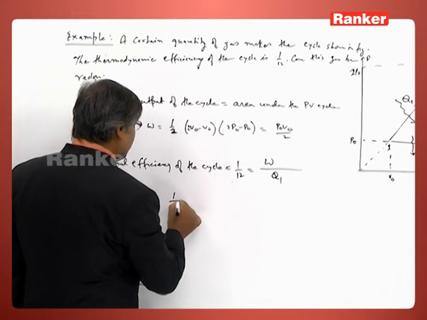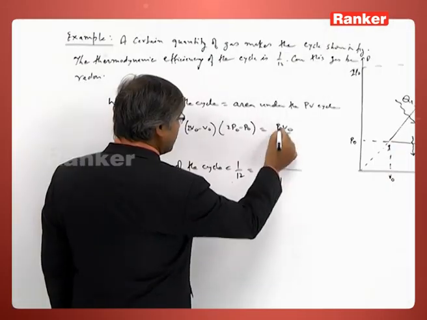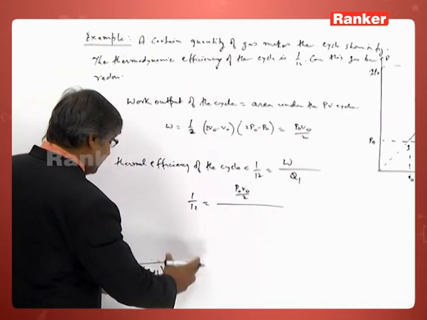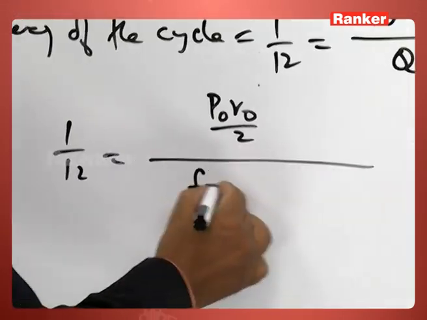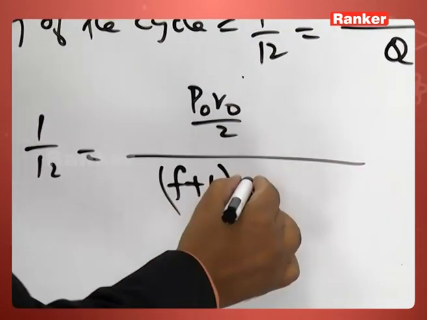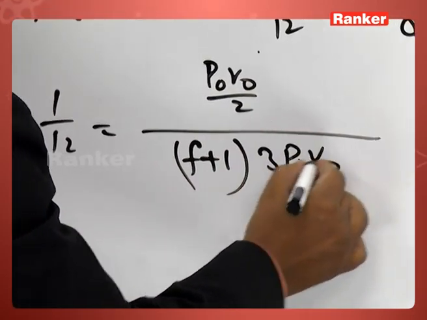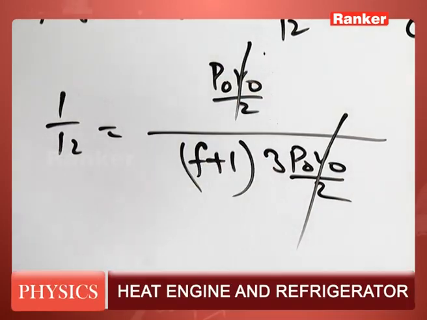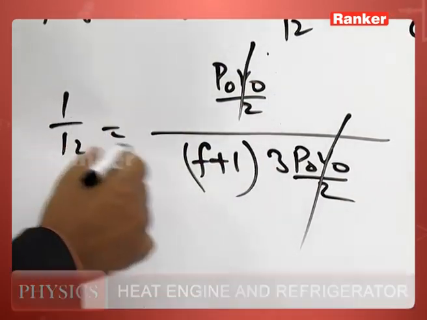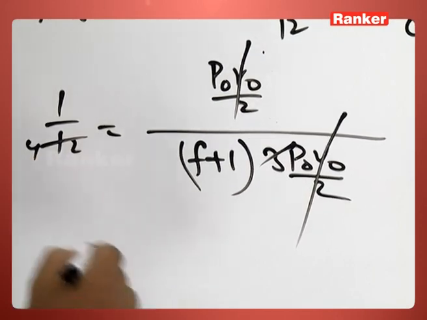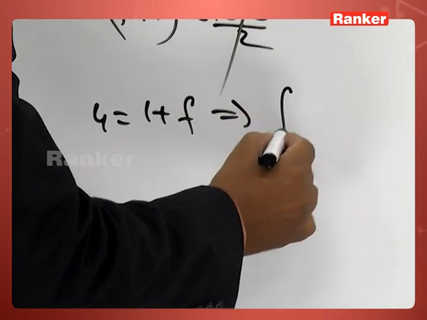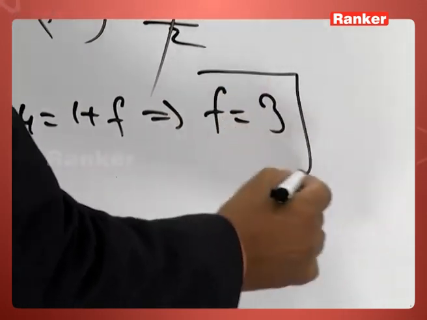So we have 1 by 12 as work done, P0V0 by 2, and the heat input given is (f plus 1) into 3P0V0 by 2. This cancels. So here 3 and 4 get cancelled. So 4 is equal to 1 plus f, which implies f is equal to 3.